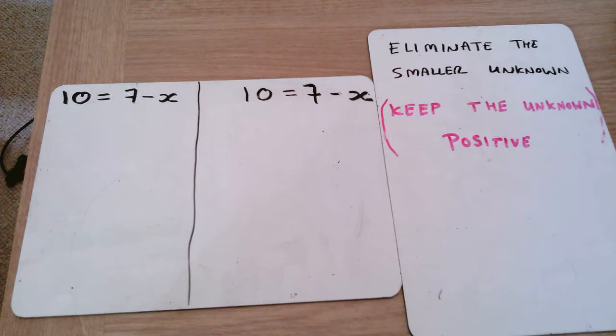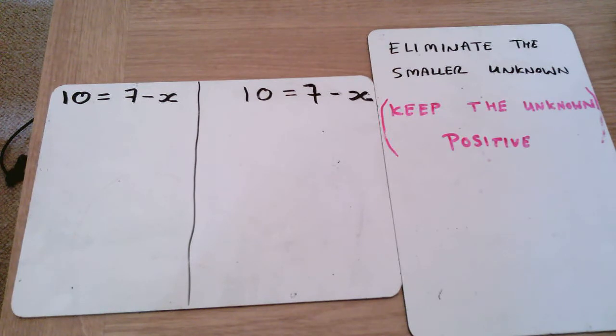Now, I've got the advice from our previous video on the right-hand side saying eliminate the smaller unknown or keep the unknown positive. This question doesn't have unknowns on both sides, but actually this second line can come into play for this kind of question as well. I'll show you that in a second.